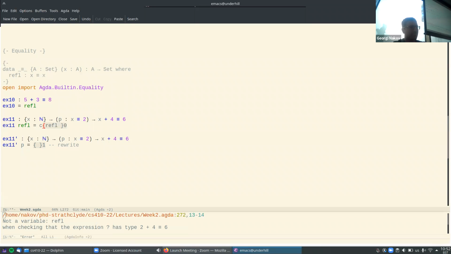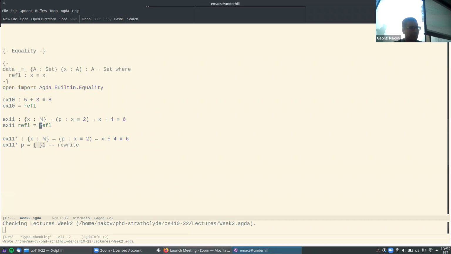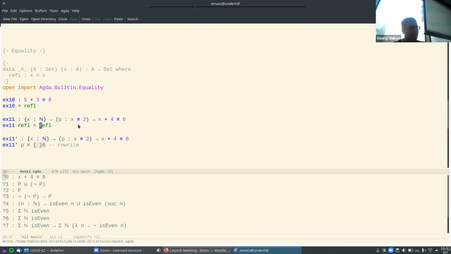Is that when you fully normalize it? Yes. So now REFL works. So we did some extra case analysis. Okay, so that's one way. So this only works when one of the sides of the equal sign is a variable.